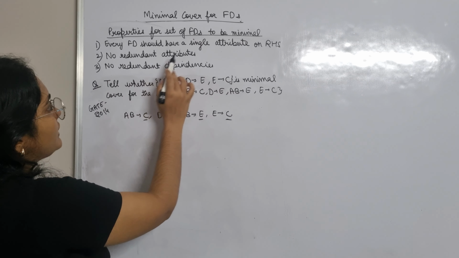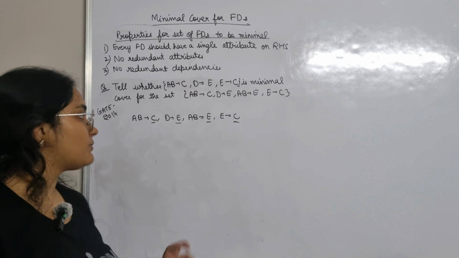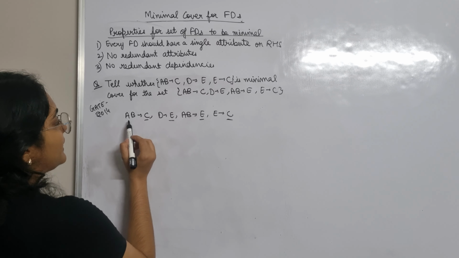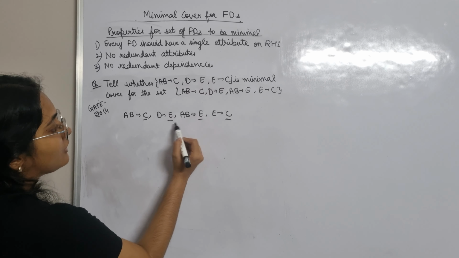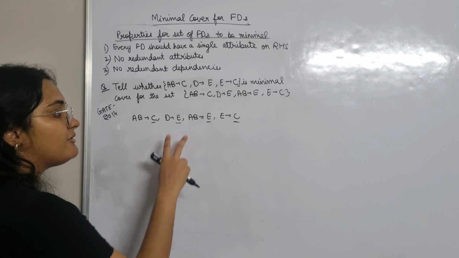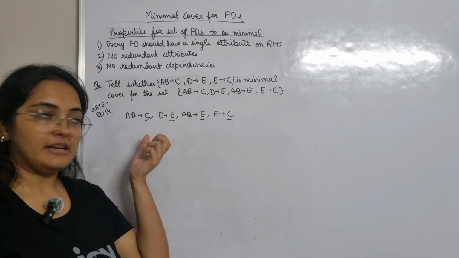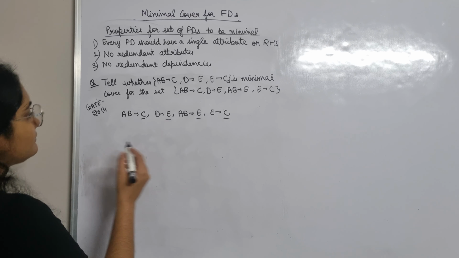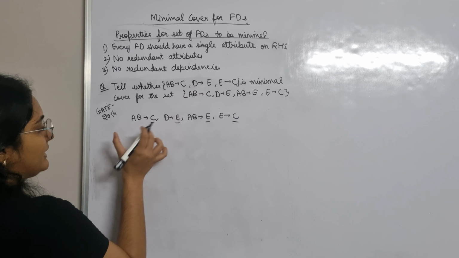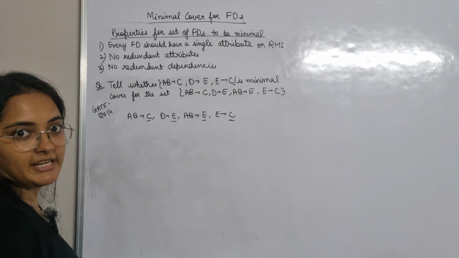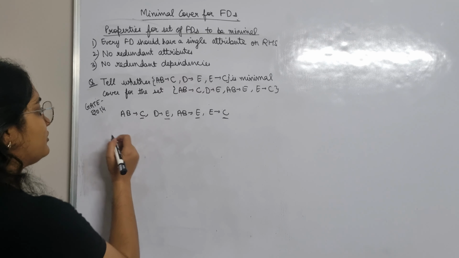The second step says no attribute should be redundant. So where can redundancy come in? In this FD and this FD, because only these two FDs have more than one attribute on the left hand side. Let's see if for AB determines C, we can eliminate one of those attributes.